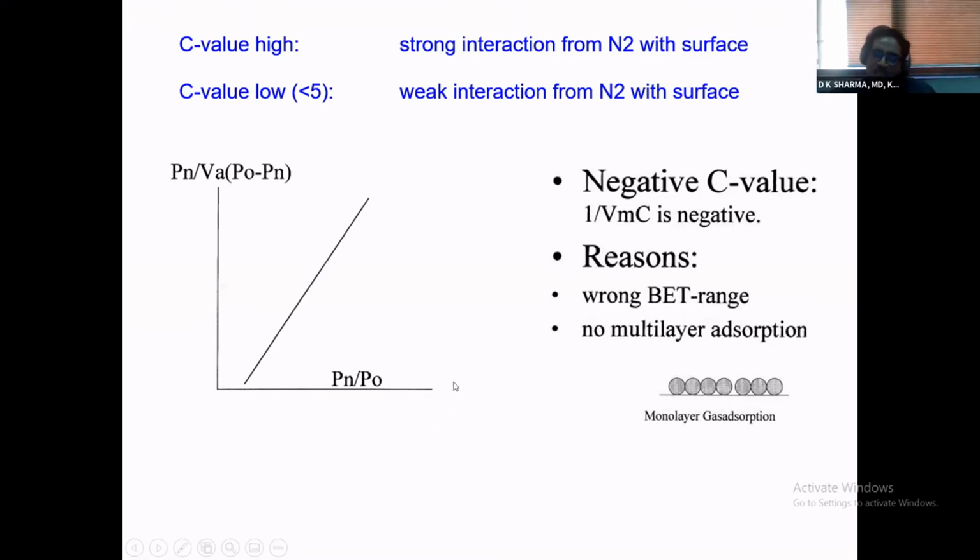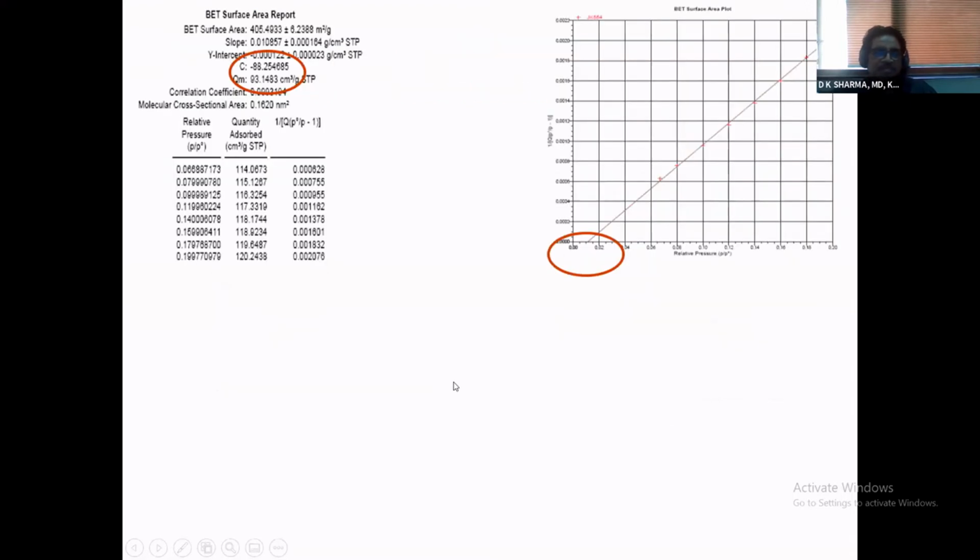Something else needs to be done, we'll talk about it. A negative y-intercept is once again not allowed. If a negative y-intercept occurs, it means the data range is not correct, or the BET validity to your data is not there.